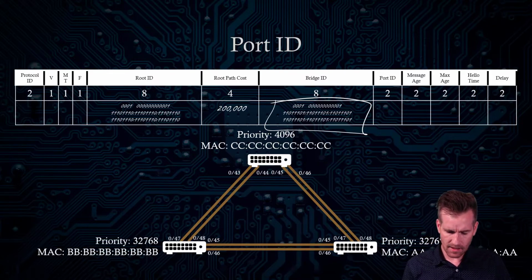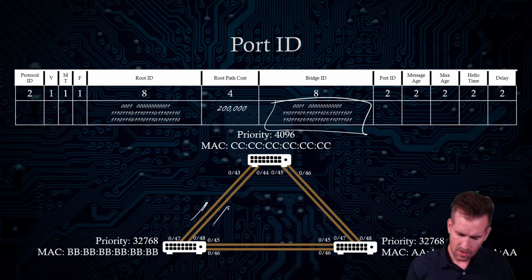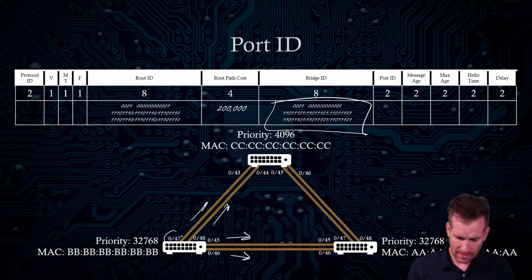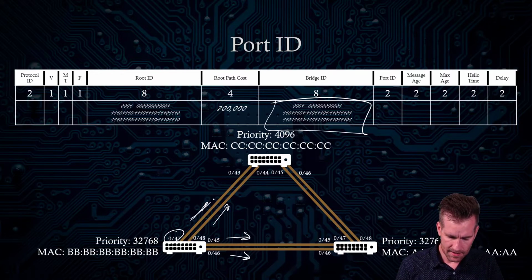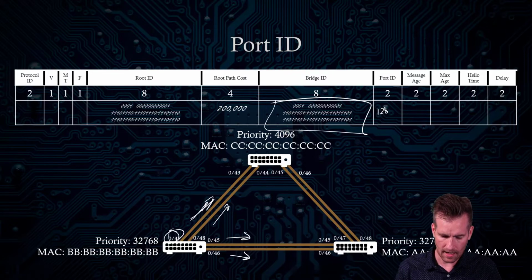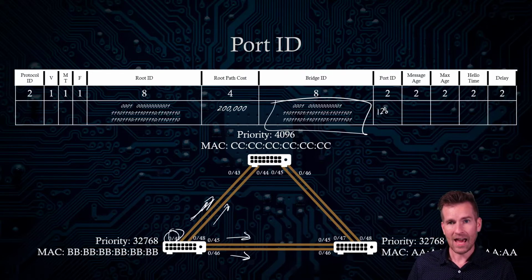The last thing that's going to be sent out changes depending on the interface it's being sent out from. In this case, if it's on this link right here, it's going to be sent out with whatever priority is set on that interface. Let's say it's just the default, which is 128. So it's going to be the priority plus the port number.